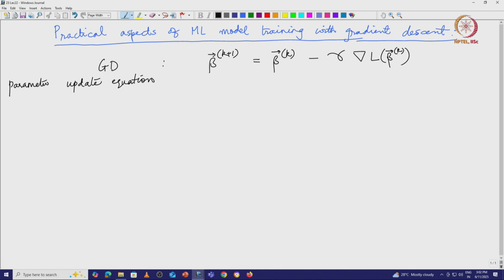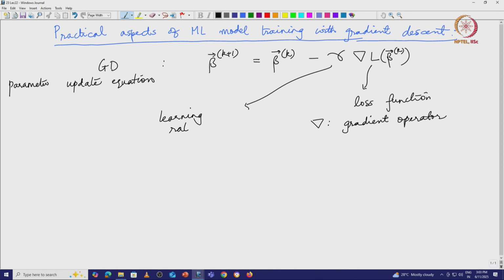So this is the update equation. L, as you know, is the loss function. The nabla sign indicates the gradient operator, and this gamma is the learning rate. Beta is the vector of parameters and k is the iteration number.